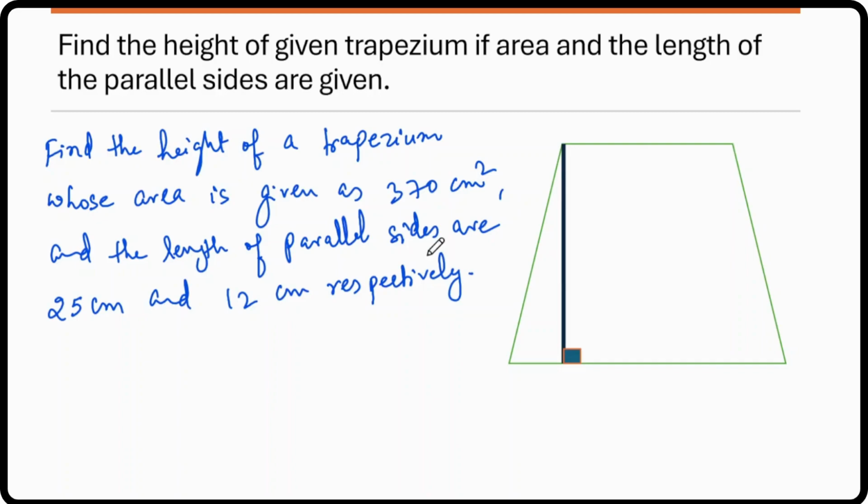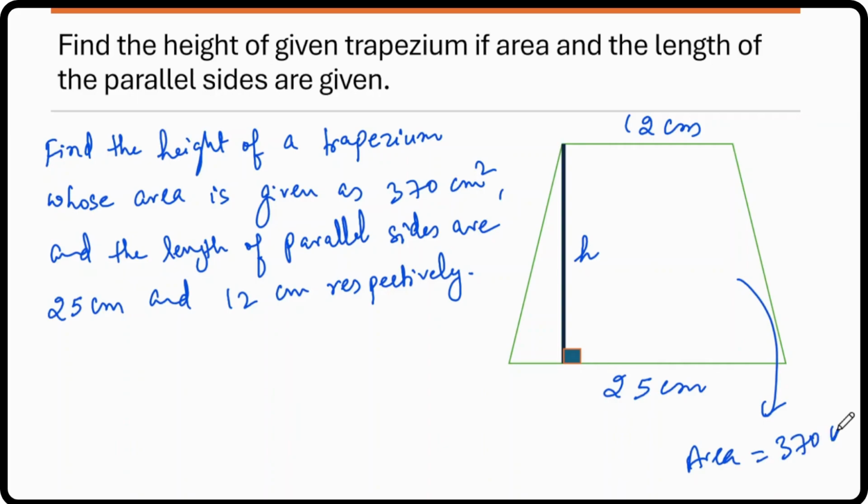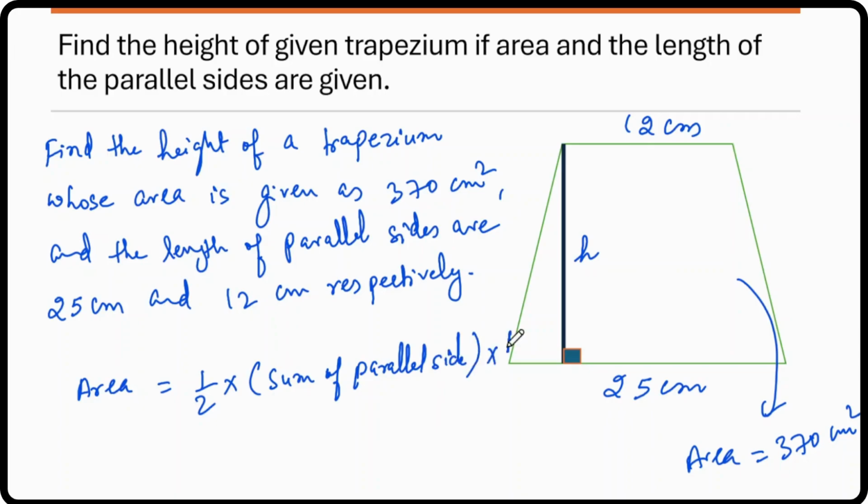Now how can we find the value of this height? One side is given as 25 centimeter and another side as 12 centimeter, they are the parallel sides, and the area of this trapezium is 370 centimeter square. I can apply the formula area equals half into the sum of parallel sides into height.